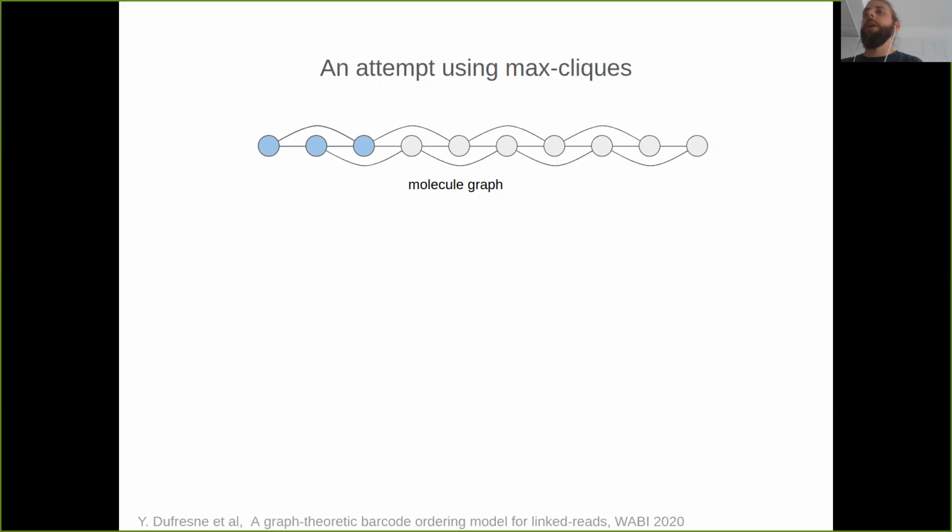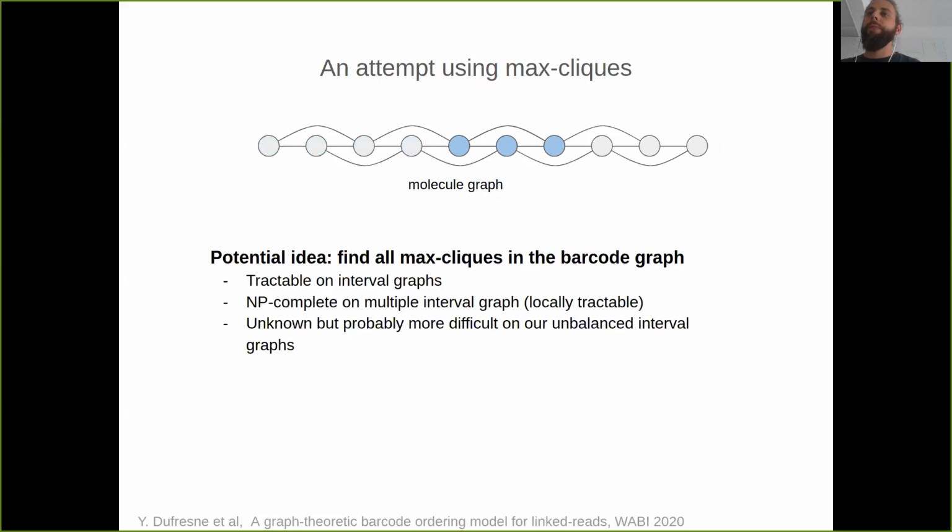If it's not well balanced, it's cliques that are not of the same size, but still cliques. And you can traverse the graph by jumping from one max clique to another one. It's tractable on interval graphs, but it's NP-complete as we just saw, but we still can compute them locally and it can be tractable.